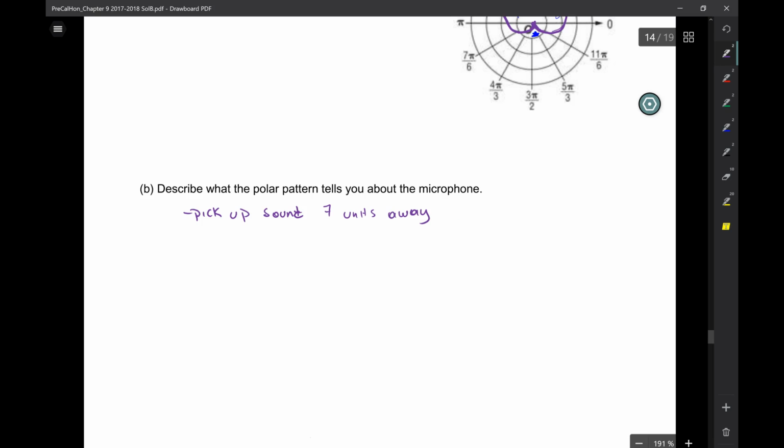Like directly in front of the microphone, right? Well, 0 degrees. Like if the microphone is facing out, okay, the microphone is facing the audience, right? So if somebody is sitting directly opposite from the microphone, then 7 units away. And okay.